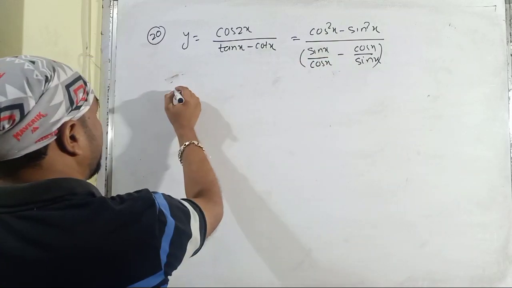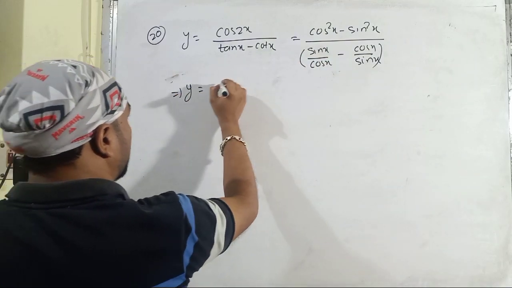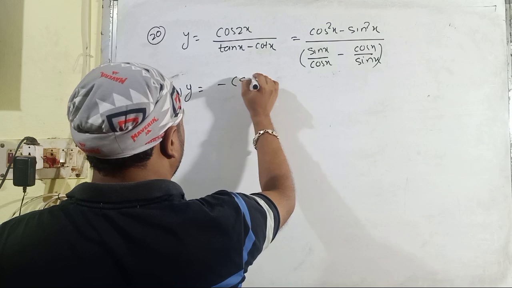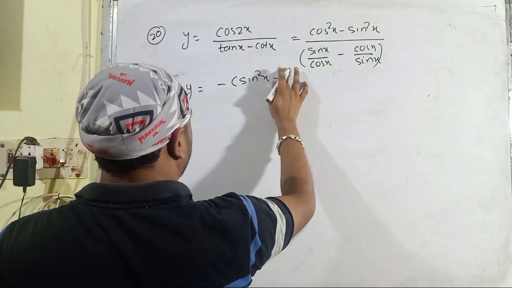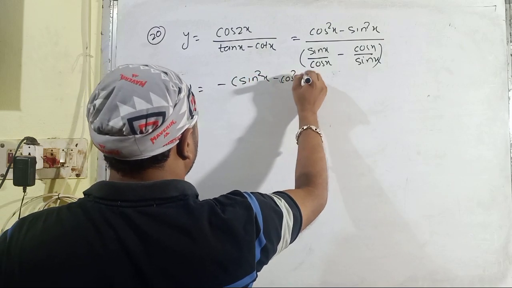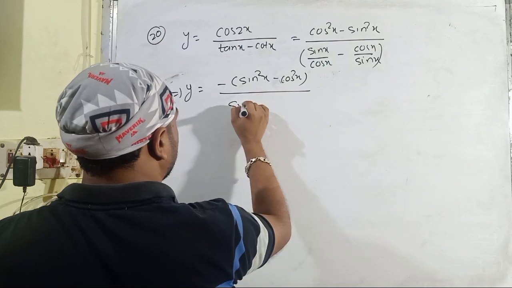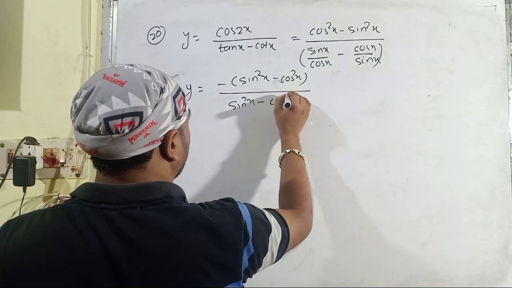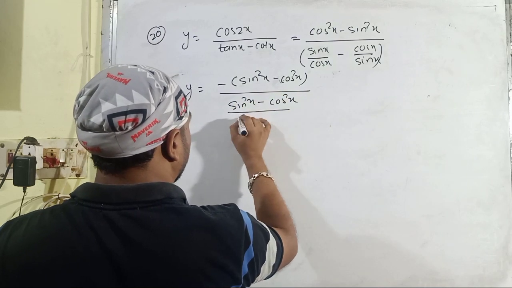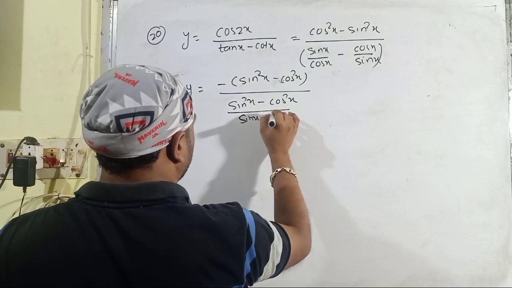Then again simplifying, y is equal to, taking minus as common, it will be minus in the bracket sin square x minus cos square x whole divided by, it will be sin square x minus cos square x divided by sin x into cos x.